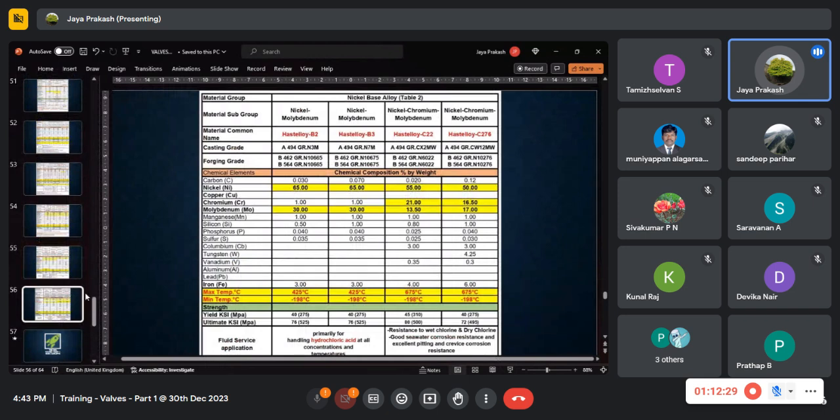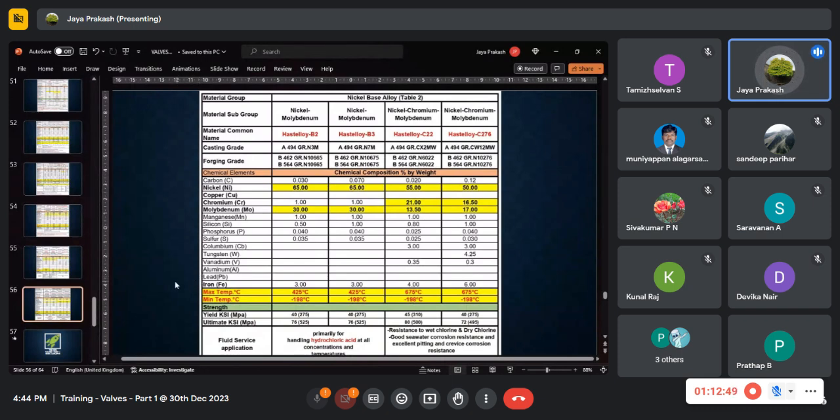That's all. These are all the materials we are using for the construction of the valve body and bonnets, and also the other trim materials.